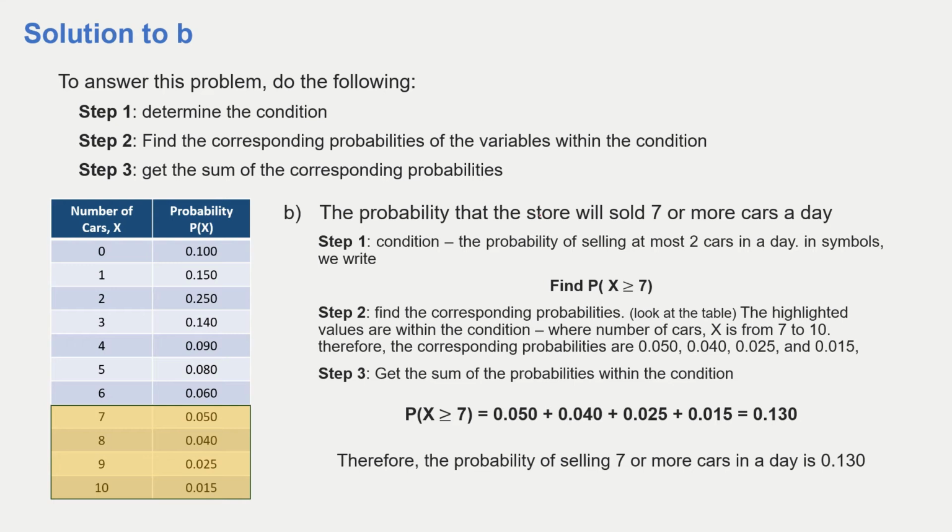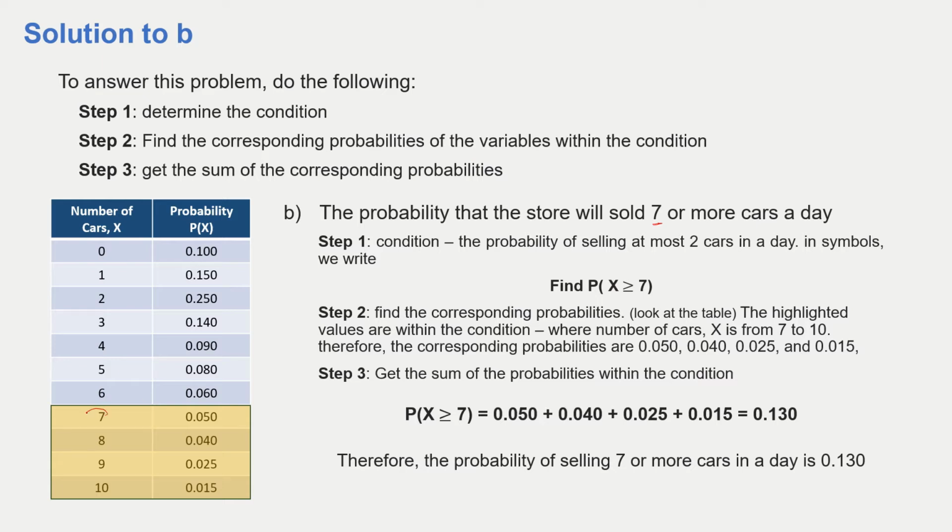And for letter B, the same steps: determine the conditions. It says sold 7 or more, meaning 7 is included and the numbers greater than 7. Using probability notation, we can write it as the probability where the random variable x is greater than or equal to 7. Second step is to find the corresponding probabilities.